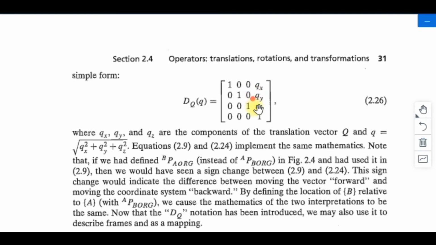So qx, qy and qz is the translation vector, and this translation vector, you know by this equation, that qx square plus qy square plus qz square is equal to q square.